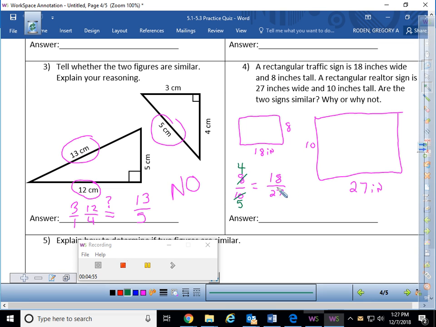And 9 goes into both of these, so 9 goes into 18 2 times, and 9 goes into 27 3 times. So is 4/5 equal to 2/3? No, they are not similar. This is not proportional.